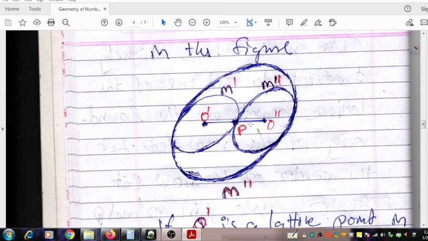Based on that point, we are going to take a copy of the M set, or we can say that we are translating. We translate the M set M prime along the line so that its center moves along this line. The translation continues until it reaches the newly obtained point O double prime.